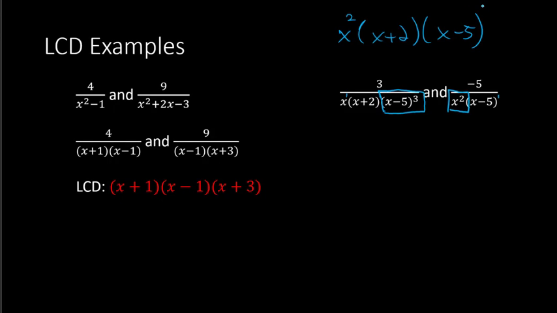So we take 3 x minus 5's to get x minus 5 cubed. So the least common denominator would be x squared times x plus 2 times x minus 5 to the third power. Now this process is necessary when adding and subtracting, because to add or subtract we need to make sure that we have a common denominator.